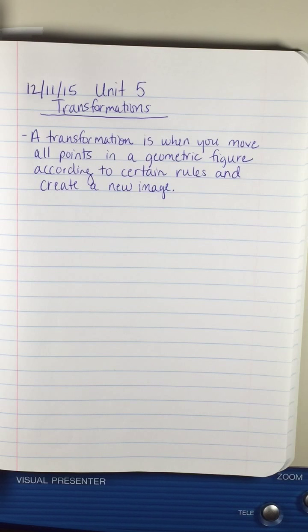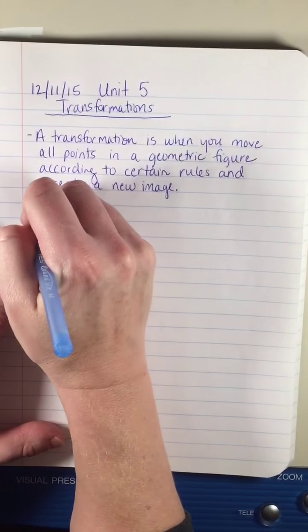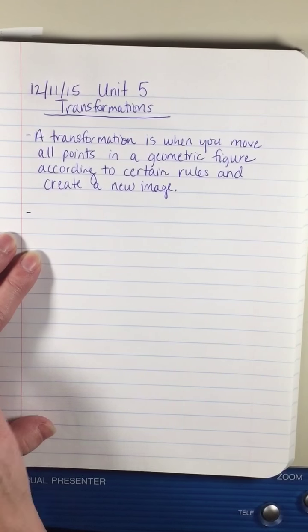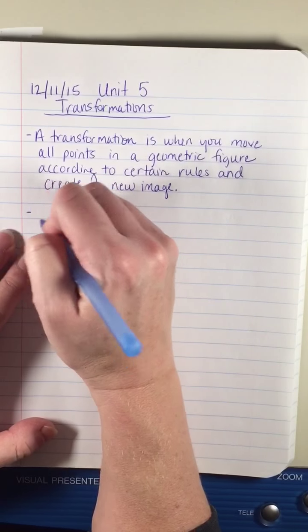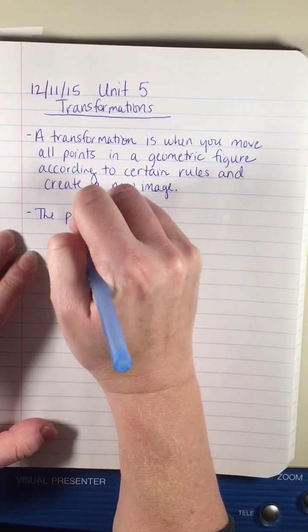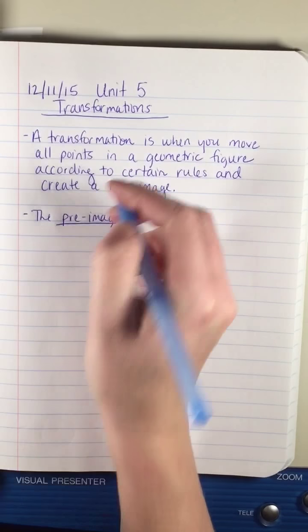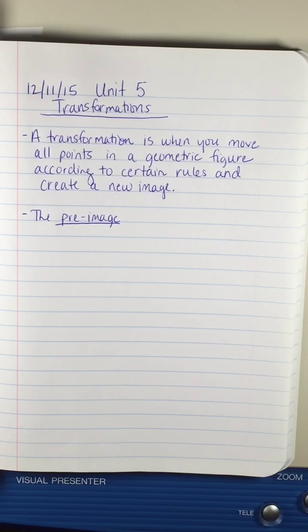All right, so some important vocabulary that we need to know throughout this whole unit is the pre-image and the image. So when I say we're going to start with, the pre-image is the original figure, like triangle ABC. Might want to get your highlighter out.